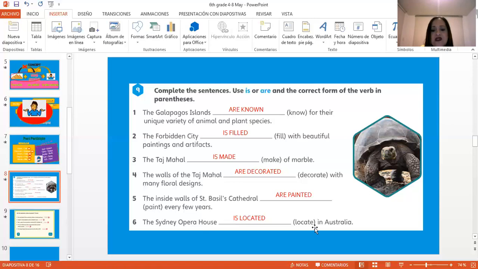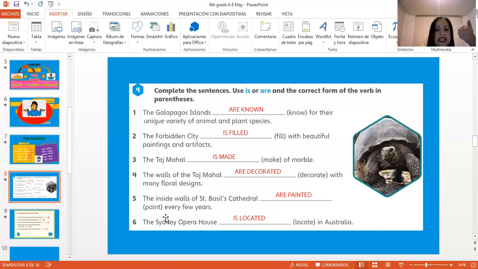Locate is the verb in parentheses. This verb is in the past participle. This verb belongs to the list of regular verbs. My past participle of regular verbs finish in ed. So I use my past participle, my auxiliary in singular, and I complete my sentence.